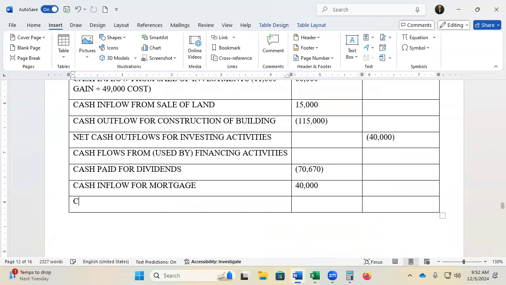So we have net cash used by financing activities, and that's 30,670.